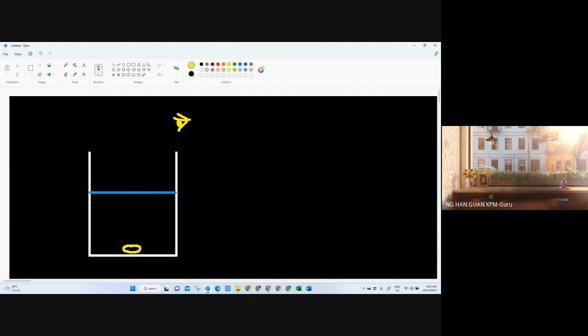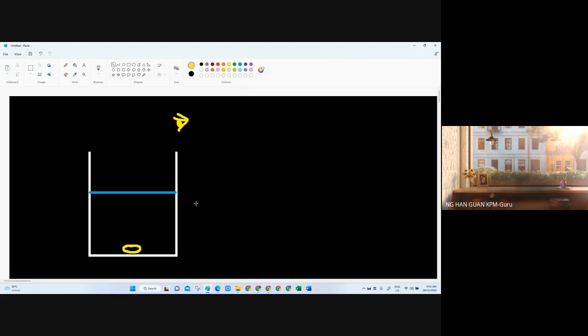Because when we see, we see in a straight line. So when the light is not bending, definitely you can't see this object at the bottom here. You are only able to see this object at the bottom when you fill up the water, because it will appear at the apparent depth. So in our drawing, we're going to show how you're able to see with the eyes, with the virtual image, right?